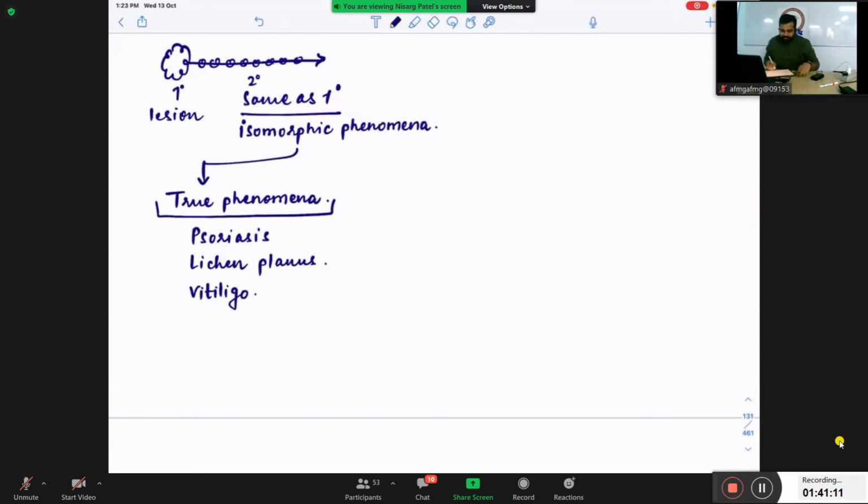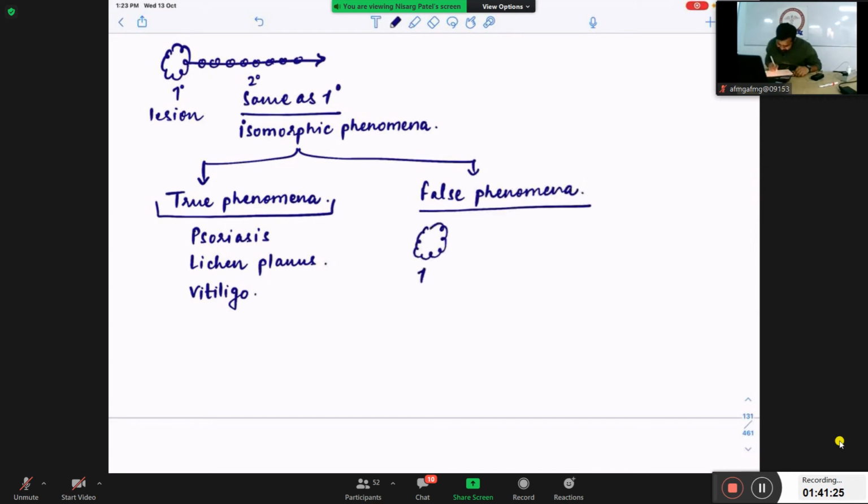So true isomorphic phenomenon. But there are some examples of false phenomenon also. So what is a false phenomenon? Suppose this is my primary lesion of a viral infection.